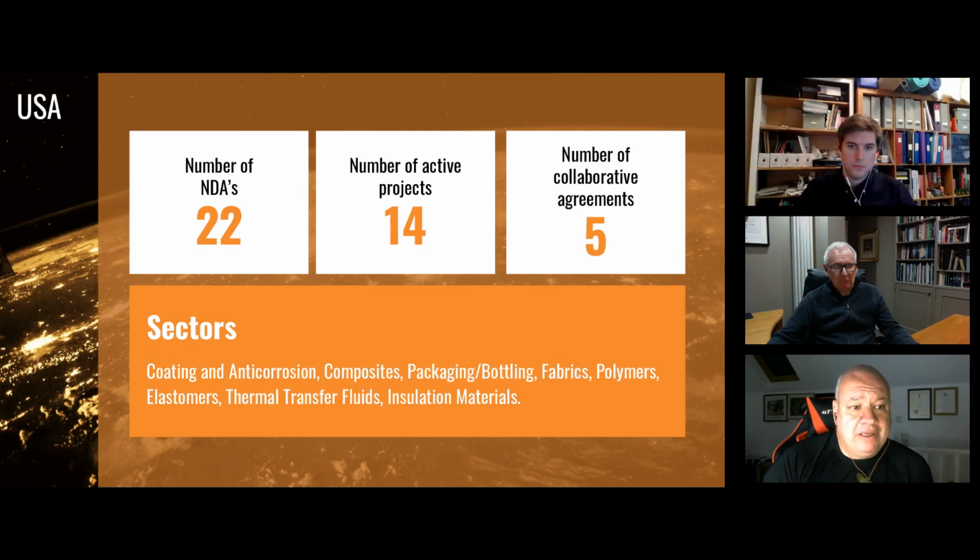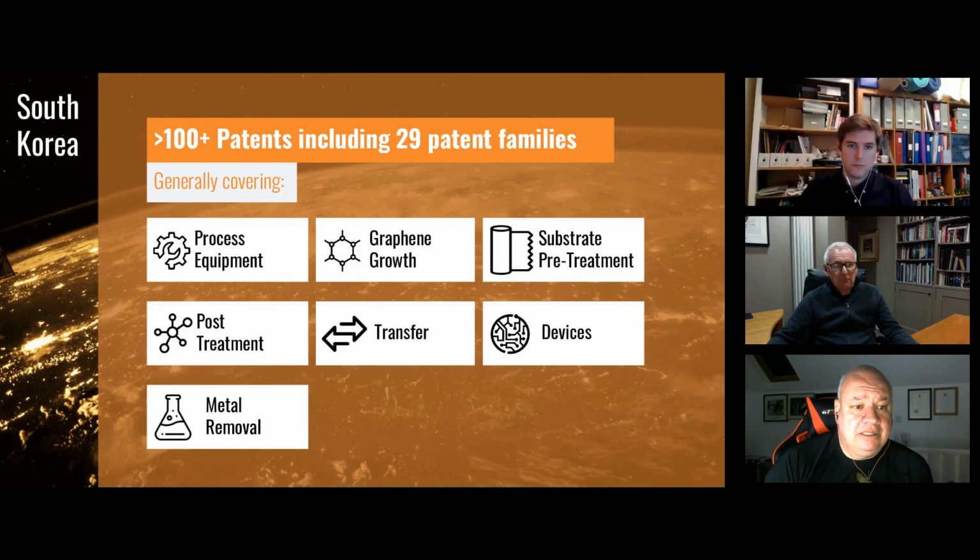And we obviously support him from our UK team. But if we move now on to South Korea, we have obviously our new facilities out there, which we'll show you in a second. We now have over 100 patents in 29 families relating to graphene. We also have a state-of-the-art facility.